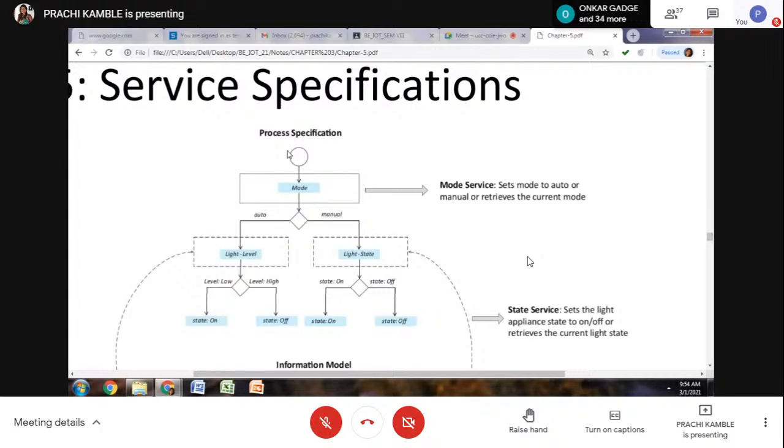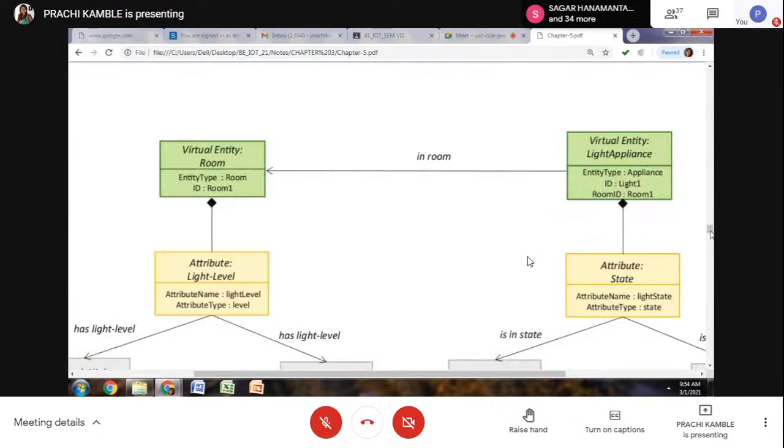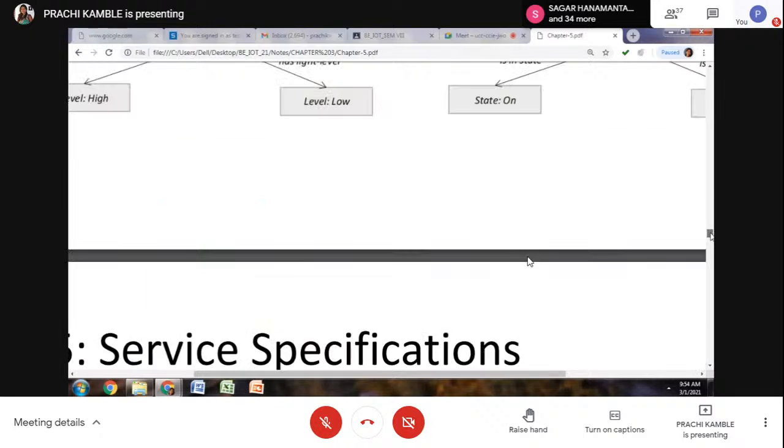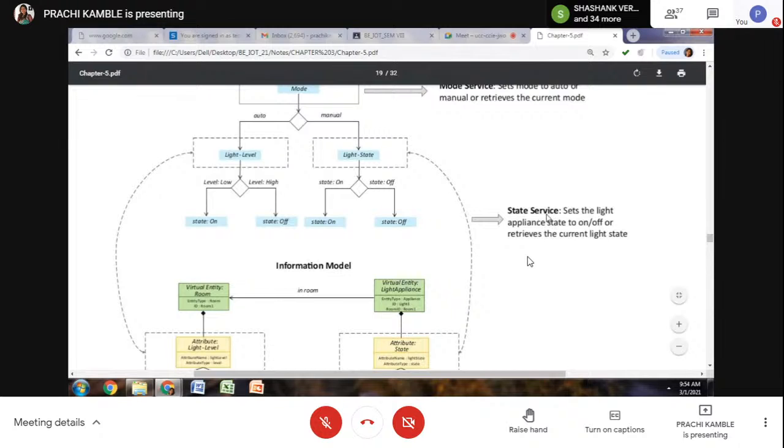So here we'll start from the process specification, that is mode services, that is auto mode and manual mode. Then there is a state services, set the light appliance state to on and off or retrieves the current light state.